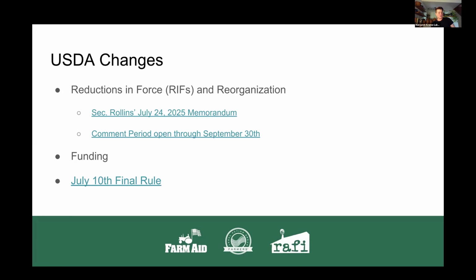I will say that based on staff attrition when ERS and NIFA were relocated, we would expect that to happen as well with relocations to regional offices.